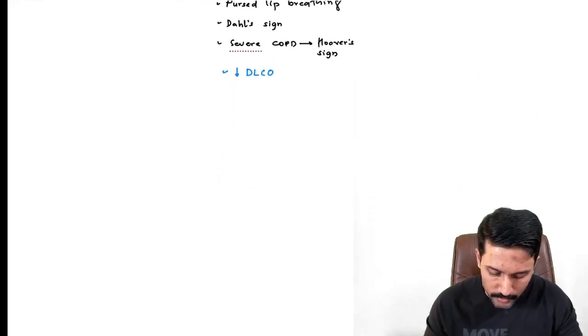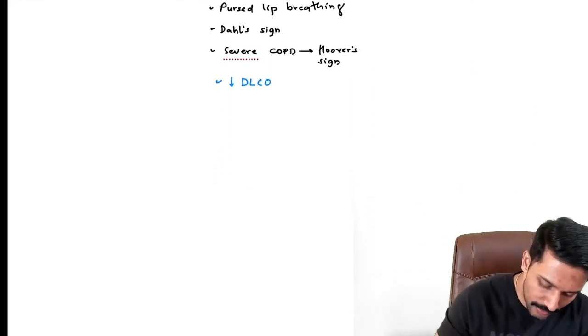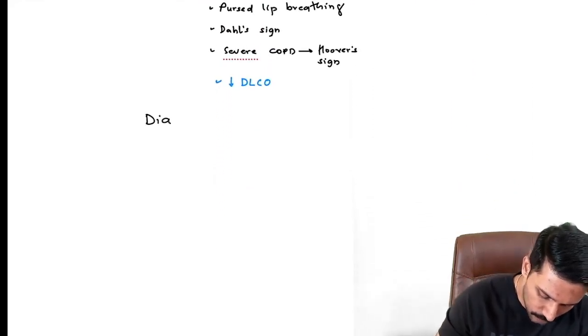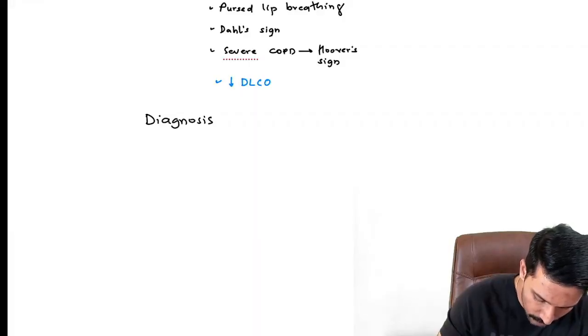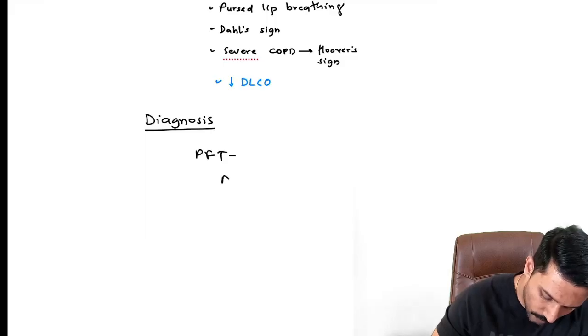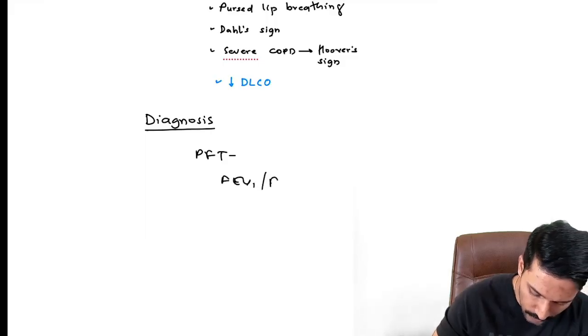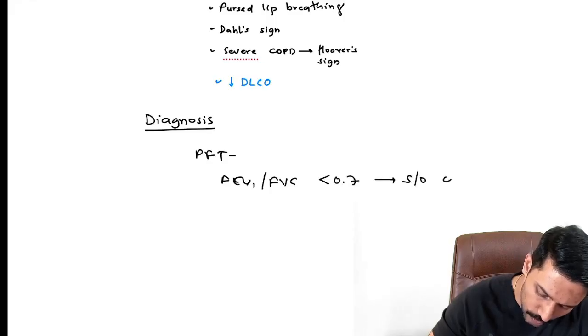Okay. Now when it comes to the COPD diagnosis, it will be PFT based. So PFT will show FEV1 by FVC ratio of less than 0.7, which is suggestive of obstruction.